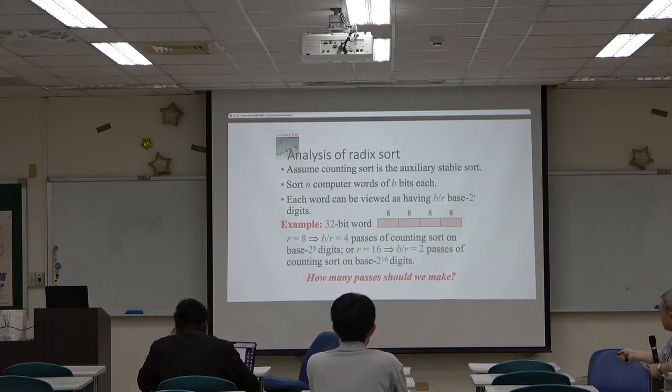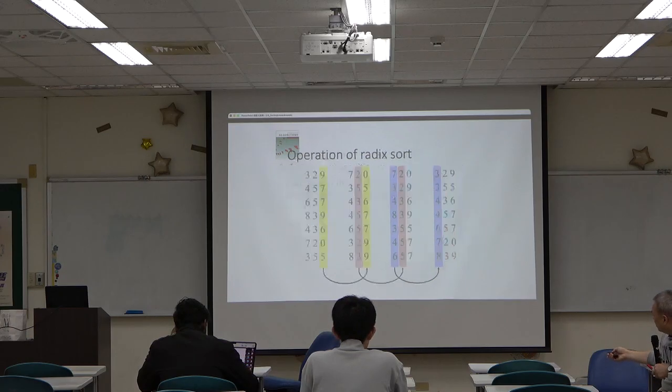So if you have a 32-bit word and r equal to 8, r basically is how many bits we want to use in each round of our stable sort. In the previous example, we use 1 digit, because it's decimal, so in each iteration we only process one digit.